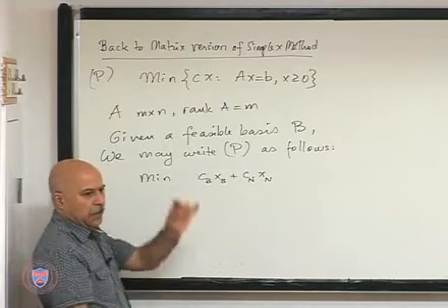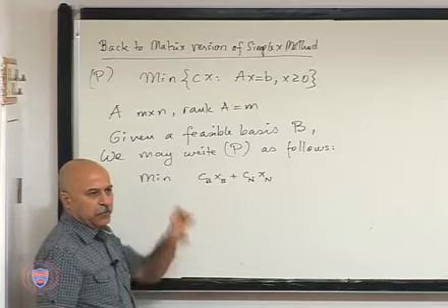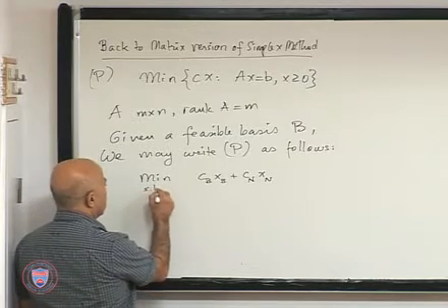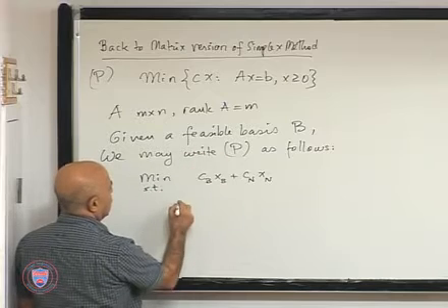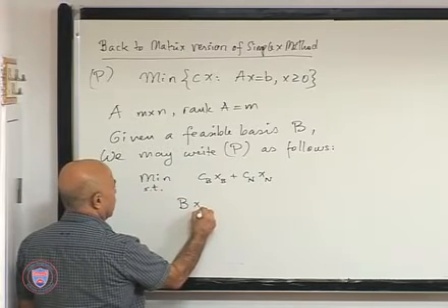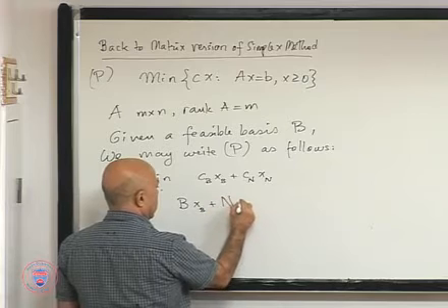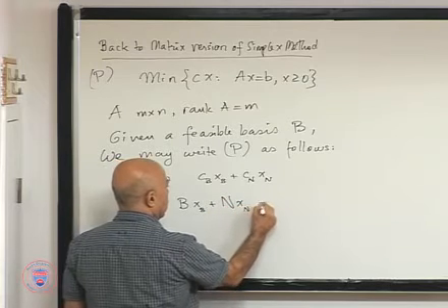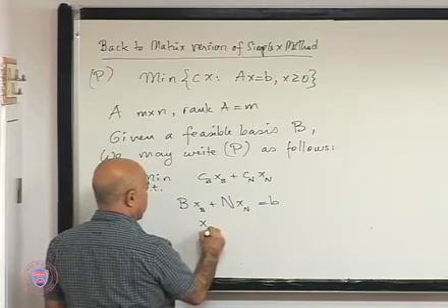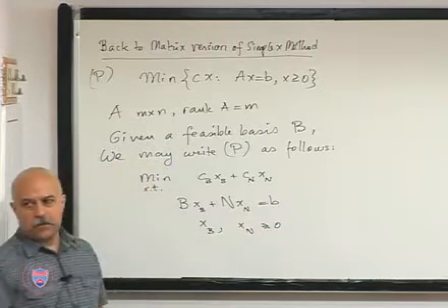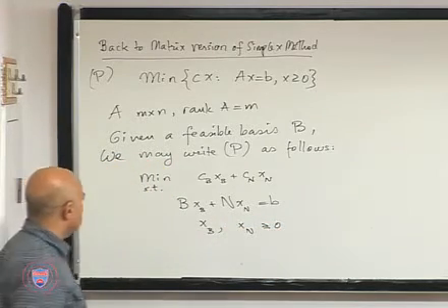XB and XN are the column vectors capturing the basic and non-basic variables. Subject to Ax equals b, which partitions into B XB plus N XN equals b, with, of course, all variables restricted to non-negative values.